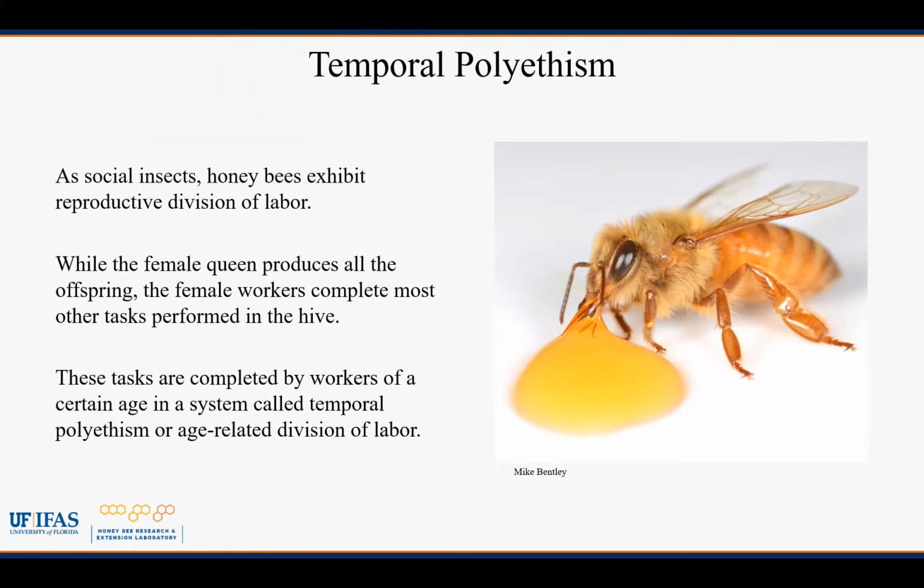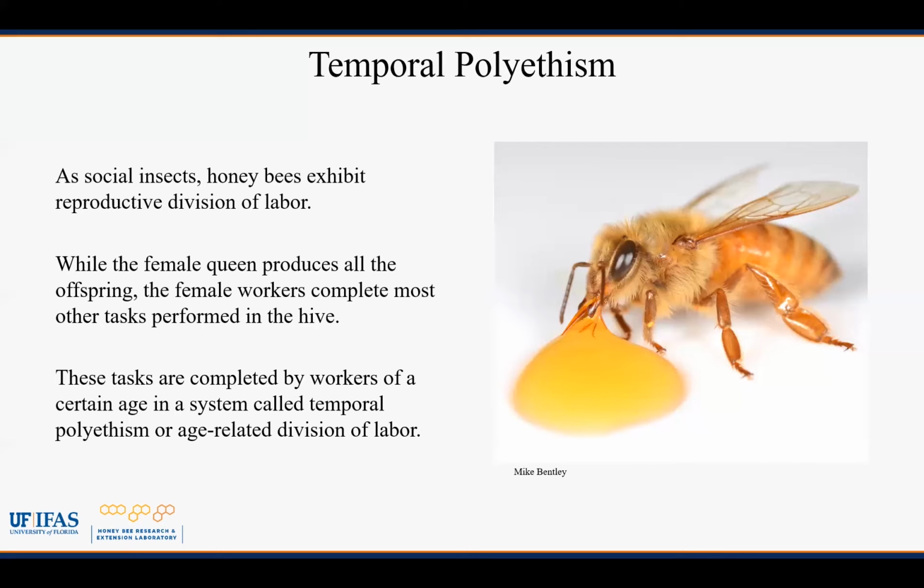All right. So honeybees exhibit reproductive division of labor. That means there's a queen that does all the reproducing while the workers do all the other tasks. And these tasks are performed in an age-related system. In fact, we beekeepers call this age-related division of labor. Most of us don't use the words temporal polyethism unless we're in some sort of science class.